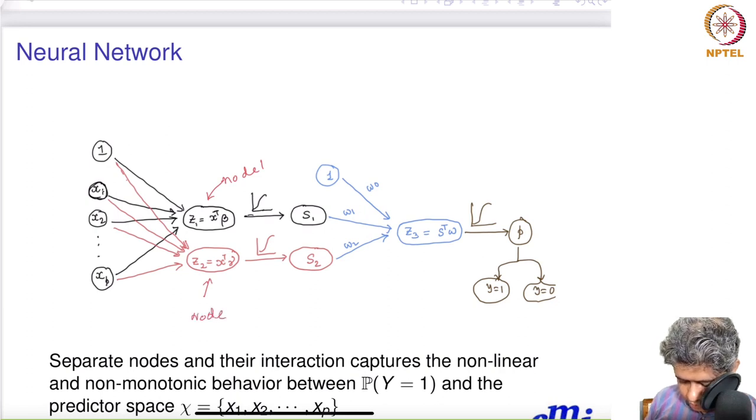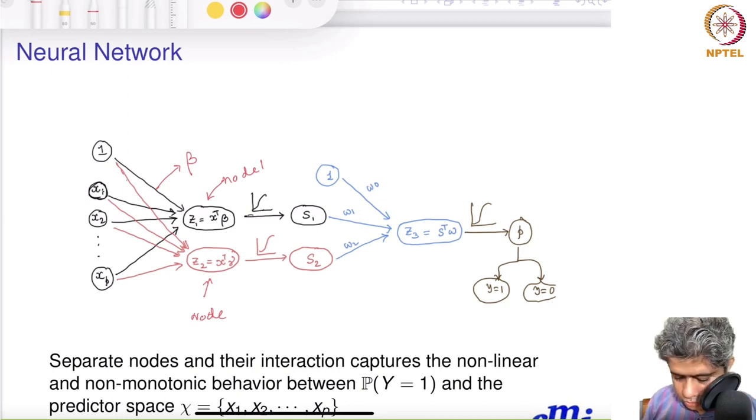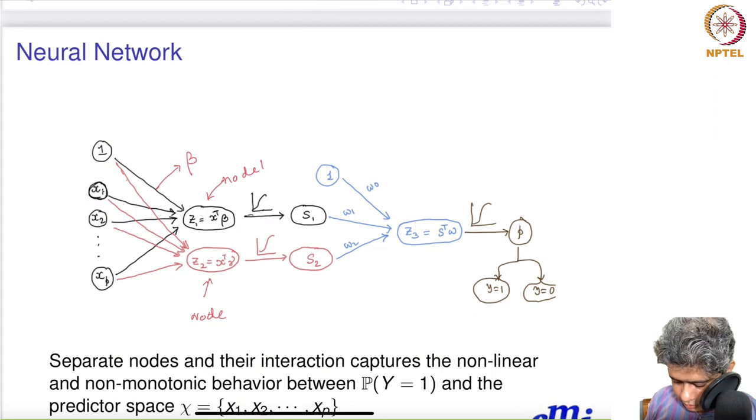Now these were the coefficients betas, but for these different nodes we are going to use a different color. These coefficients are called gammas, so different weights. That gives me two different nodes, Z1 and Z2, and then they go through an activation function.